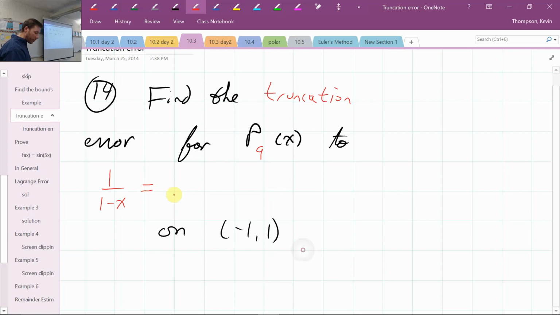What is this then as a polynomial? This is one to know. Also 1 plus x. I think we did both of them. Do you have it? 1 plus x plus x squared plus x cubed all the way plus x to the n.